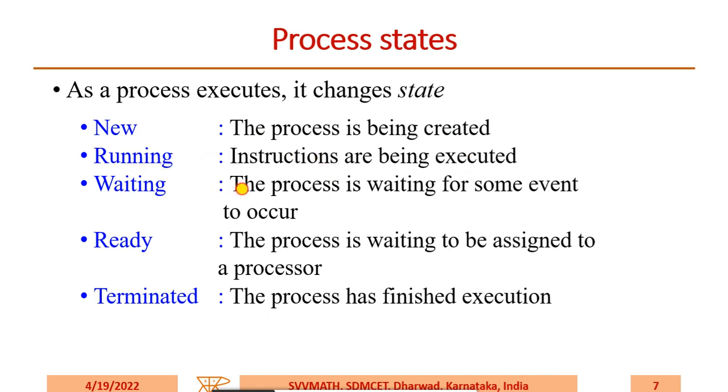Sometimes it may need some IO or event to occur, so it may be waiting. Ready means the process is waiting for the CPU, or processor. Don't get confused between the process and the processor; a processor is nothing but a CPU. Terminated: the process has finished complete execution.